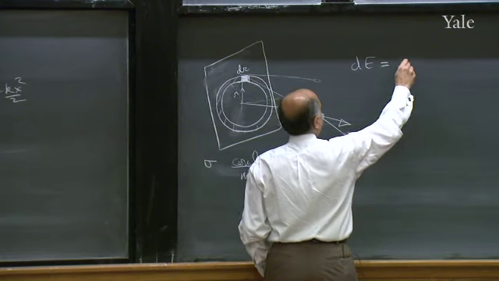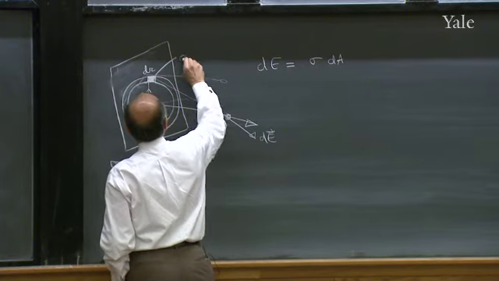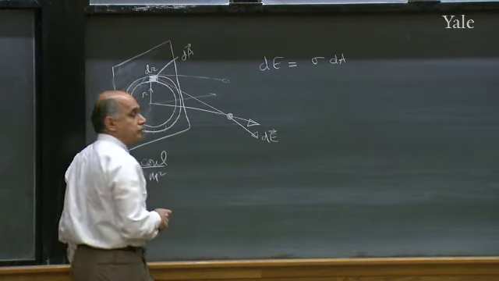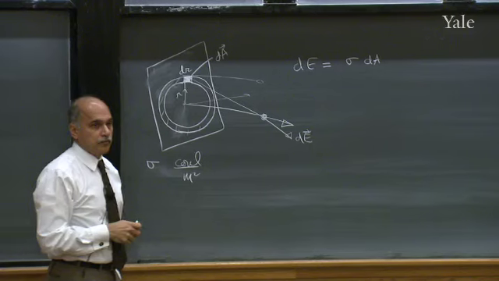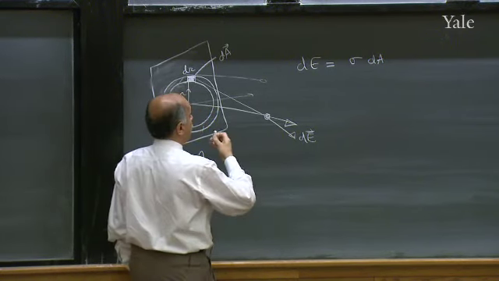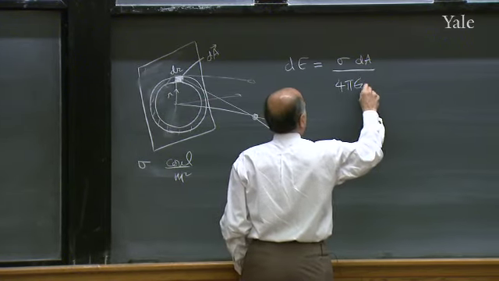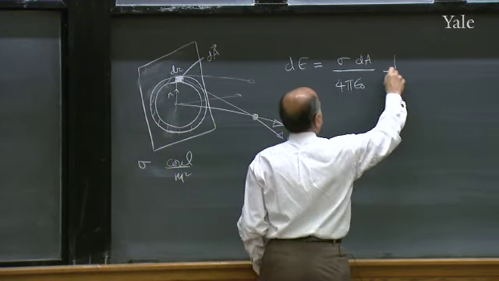The Q there is sigma times the tiny area dA. Let's call this dA. dA is a name for a small area. Sigma times dA is a name for a small charge. That charge will produce a field 1 over 4 pi epsilon 0 over the square of the distance, r squared plus a squared.